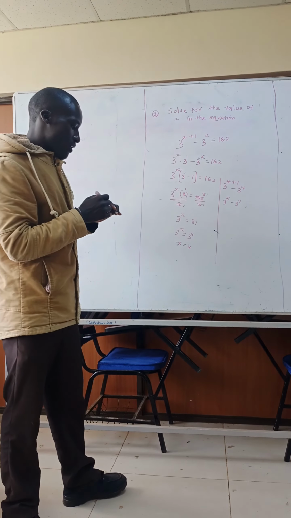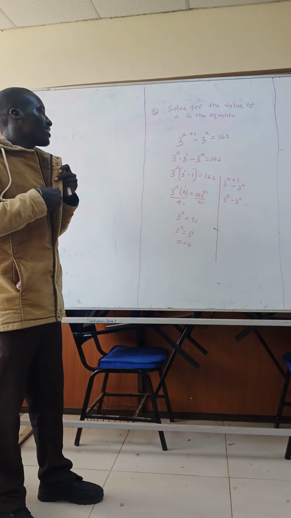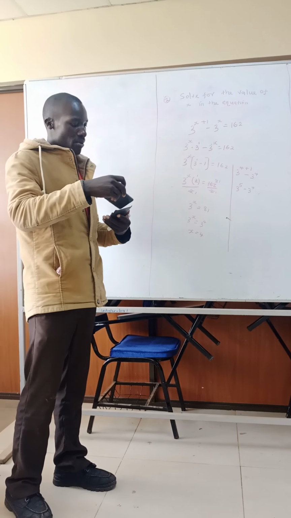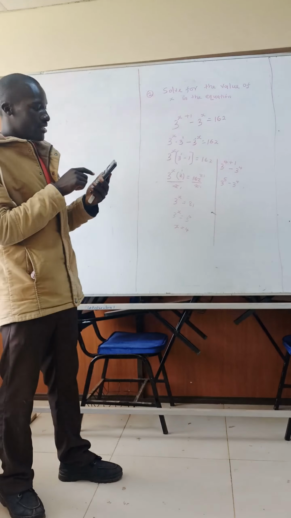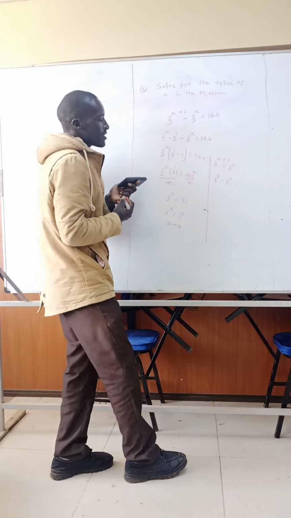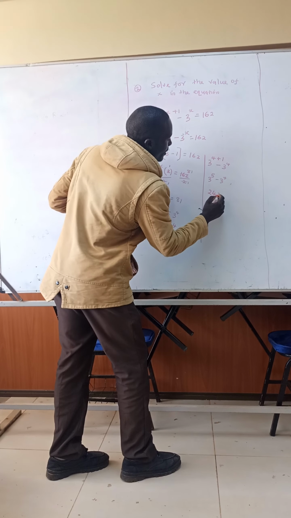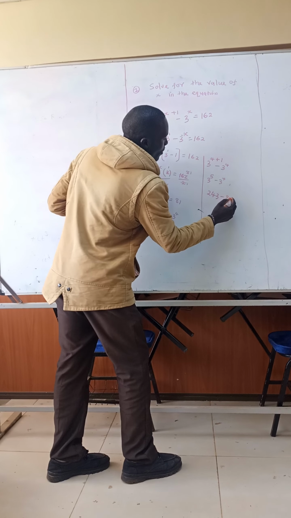So 3 raised to power 5, from our calculator, we can find. 3 raised to power 4 is 81. But let us look at 3 raised to power 5. So 3 raised to power 5 is just 243. So we shall have 243 minus 3 raised to power 4, which is just 81.